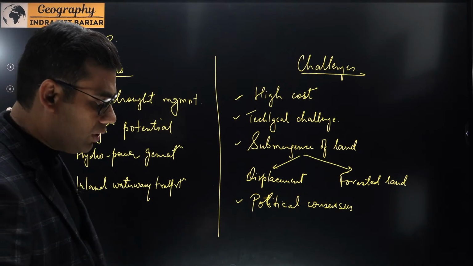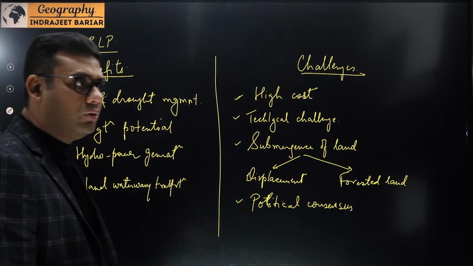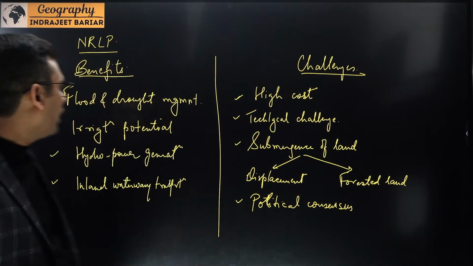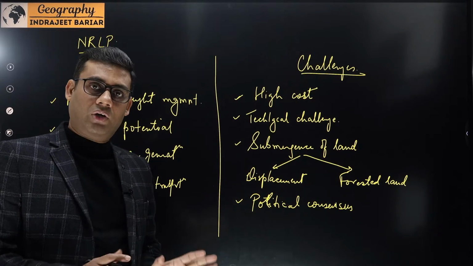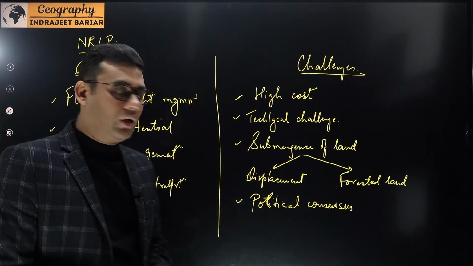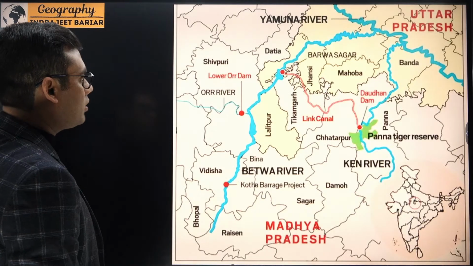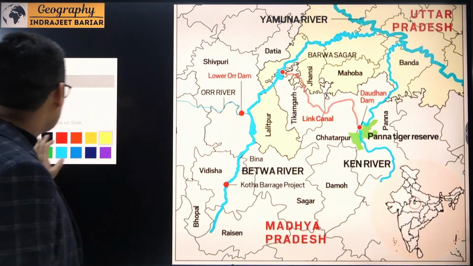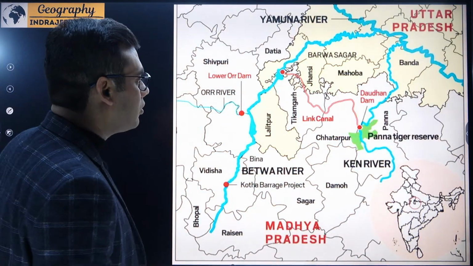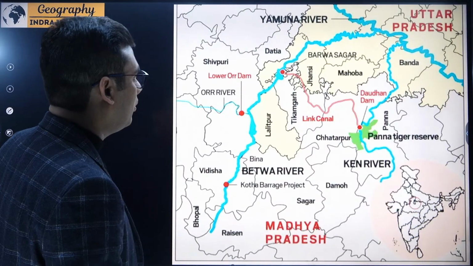And that is where the question comes with respect to this particular project, the Ken-Betwa link. Now the Ken-Betwa link is one of the first projects under the river linking project. In this case, what we see first of all are the basic aspects related to these rivers, the river Ken and Betwa.